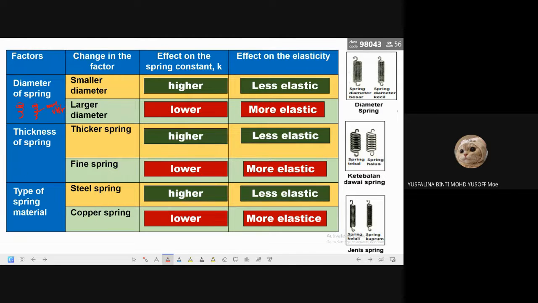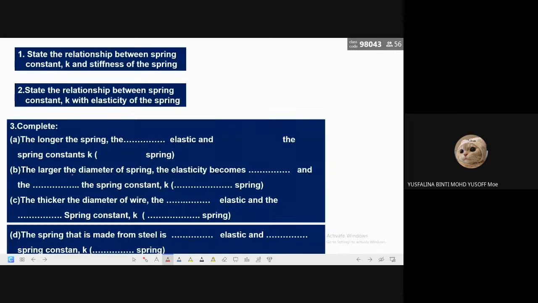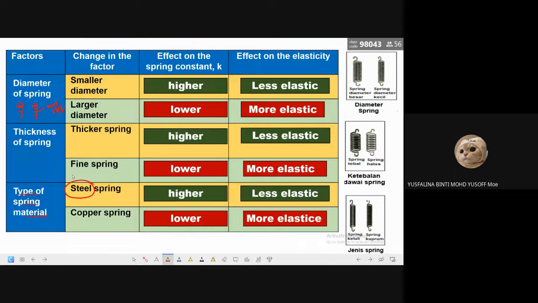And the type of spring material. Usually steel has the high spring constant, which means it's stiffer. More stiff means less elastic. Then another one: diameter, thickness, type, and length.